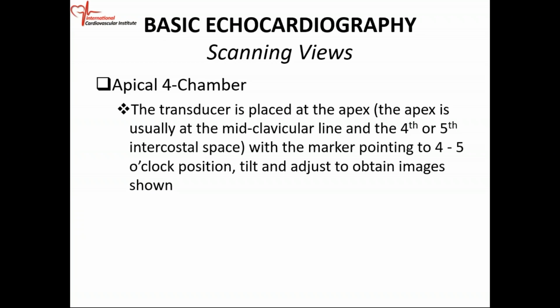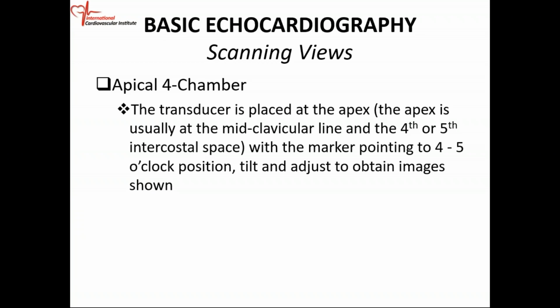Now to get the apical four chamber view, you're going to put your transducer in the fourth or fifth interspace. Remember, now you know how to determine the interspace. So the fourth or fifth intercostal space, and the marker on the transducer is going to be at the 4 or 5 o'clock position.